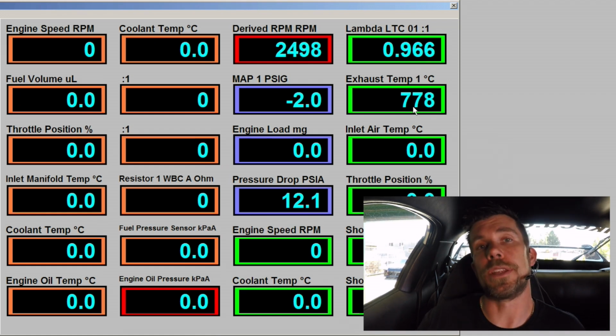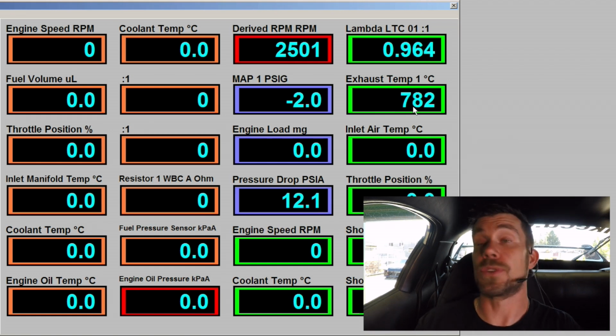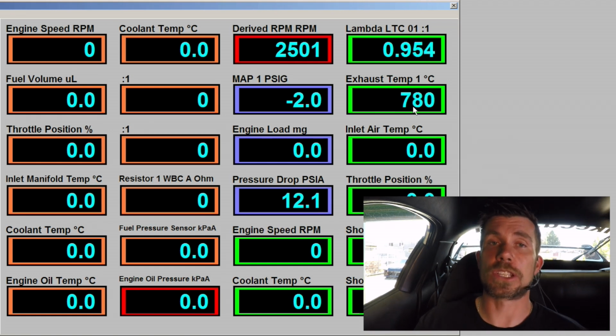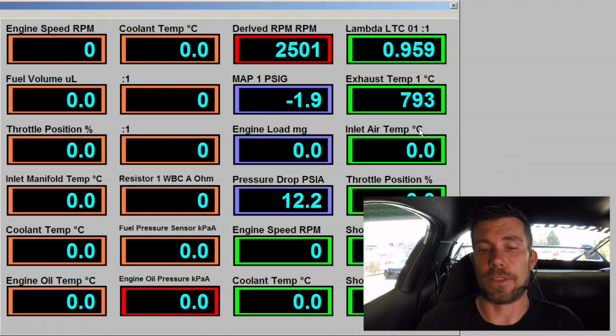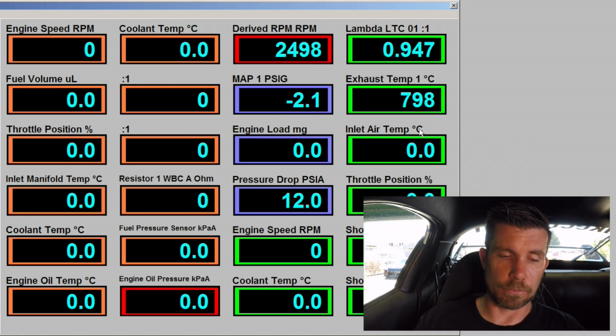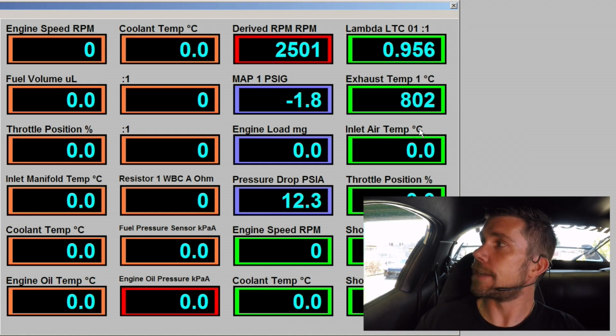Now, one thing that's important to note when you're measuring exhaust gas temperature, it is quite a slow sensor to respond, so it responds and stabilizes much slower than the likes of our lambda reading. So you can see now we're at a relatively steady state, and we've got an exhaust gas temperature reading of around about 800 degrees centigrade, and we're running at around about 0.95 lambda.